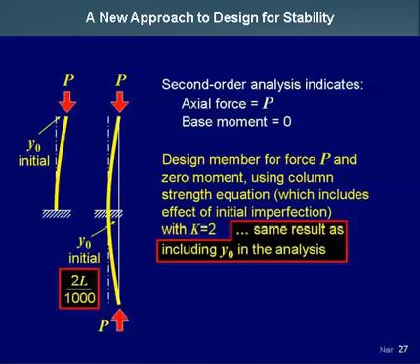And here the length is 2L, where L is the height of the cantilever, so 2L over 1,000. And the amount of out of plumbness that you would normally want to consider in a column is, the code of standard practice requires that the maximum out of plumbness be less than L over 500. So that is what you would normally consider as the limit on out of plumbness, and those are the same. So everything works. It's very roundabout, and it may seem counterintuitive, but the system works.